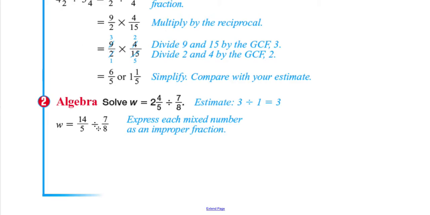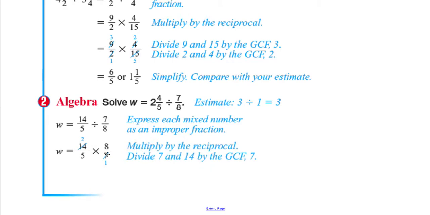Find the reciprocal of 7/8 first, which is 8 over 7, multiplied by 14 over 5. After we have a multiplication operation, now we can find the GCF. In this case, the GCF of 14 and 7 is 7. Divide both of them by 7, and you end up with 2/5 times 8 over 1.